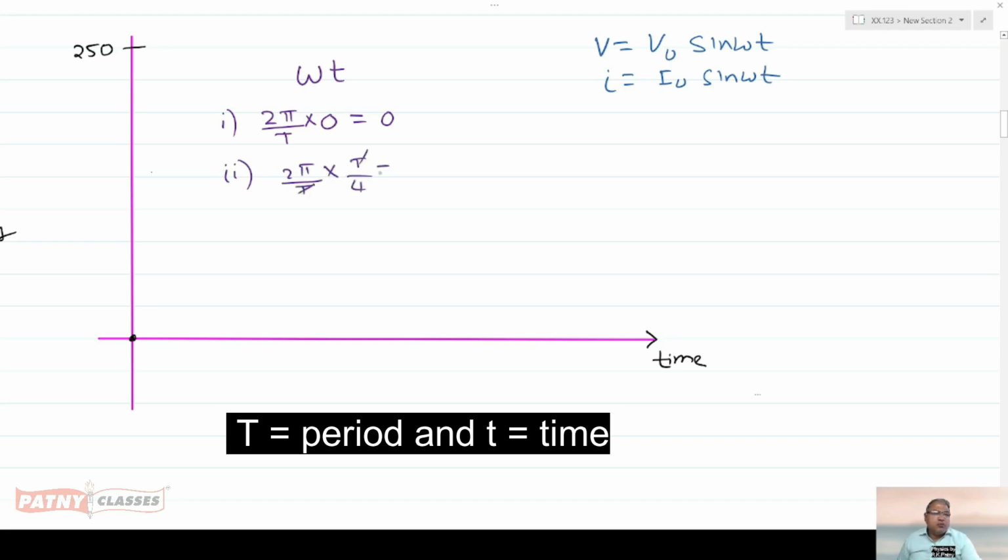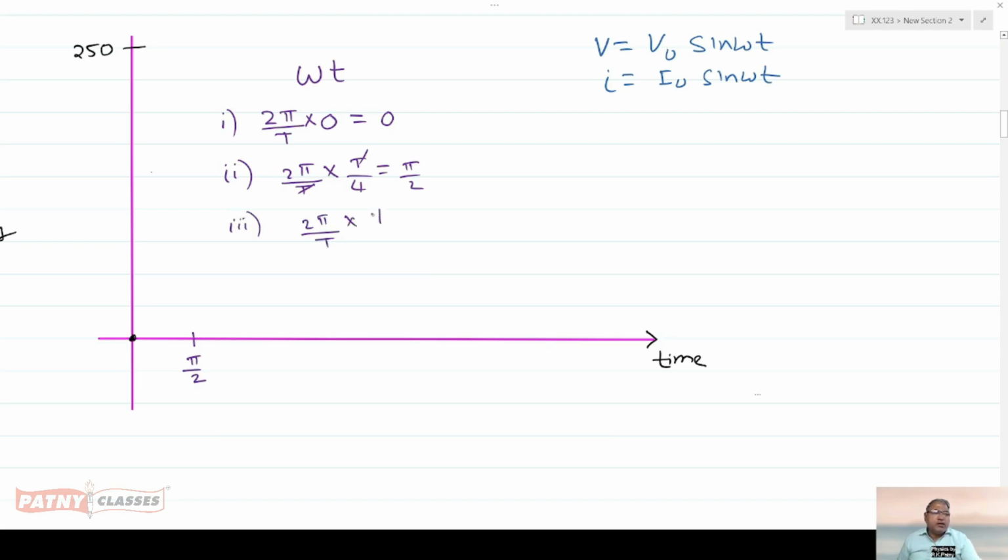This and this cut down, and here we'll get pi by 2. So first we get 0, and after that pi by 2, and after that 2 pi upon T. We can take the t value as half, T by 2. So here 2 cuts down, T cuts down, and we get pi.